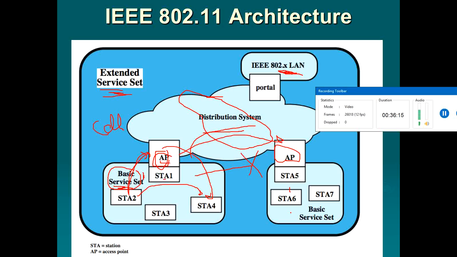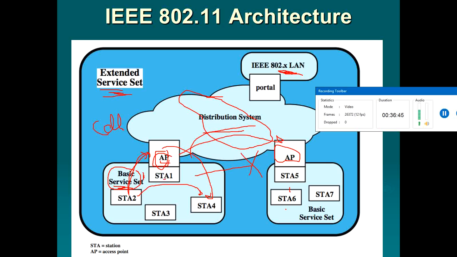And there can be association between a station and a basic service set. It is dynamic. Stations may turn off and they may come in range. For example, just like your mobile phones, when you roam from the lab area to the faculty area, your phones are roaming and they may switch from one basic service set to another basic service set.